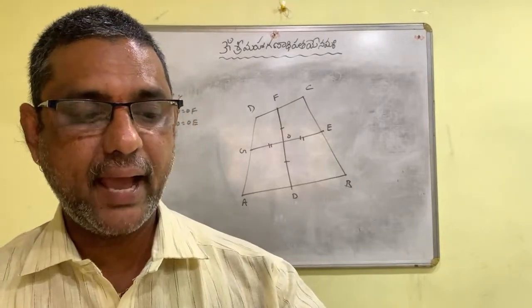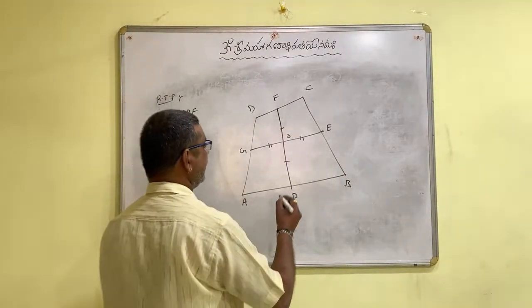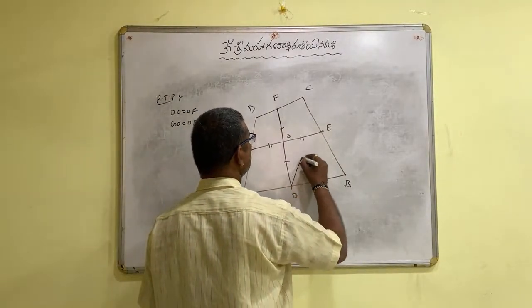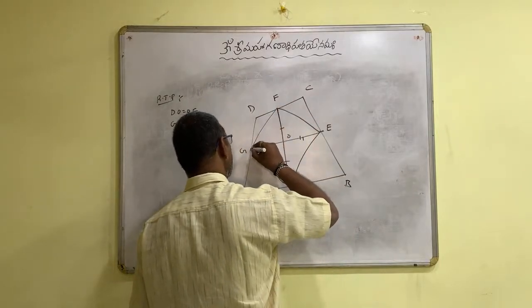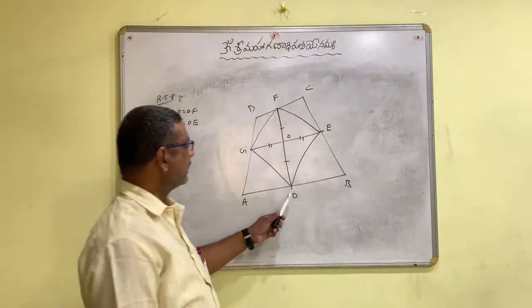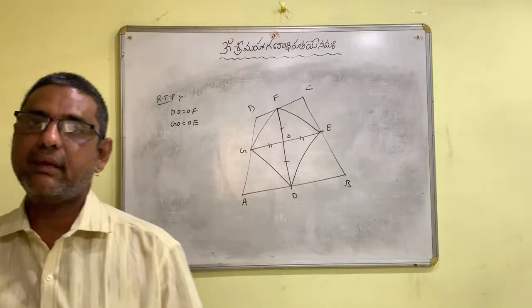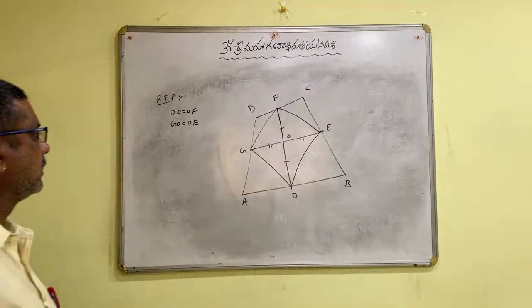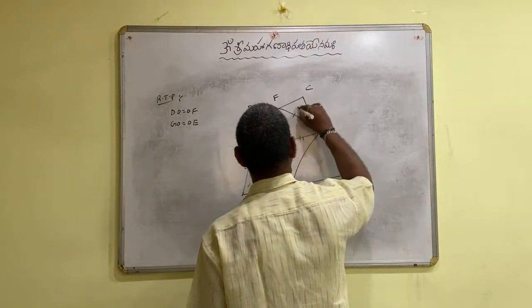Now how to prove they are equal? For that, the construction we have to do is join all the midpoints. We will get a quadrilateral DEFG. Not only that, join AC.